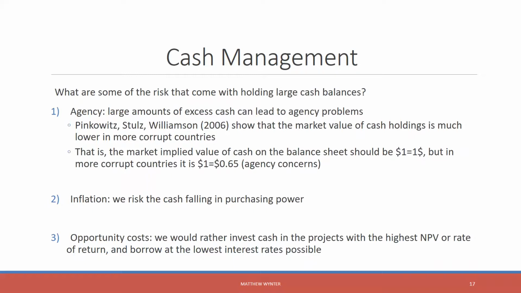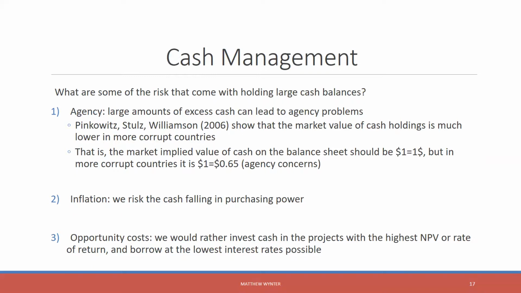So let's be more formal. Some of the risk that we would incur if the only thing we did was buy and hold a lot of euros because we expect the euro to appreciate, one of those risks is going to be agency concerns. Large amounts of excess cash can lead to all types of agency problems, like we studied when we looked at corporate governance.